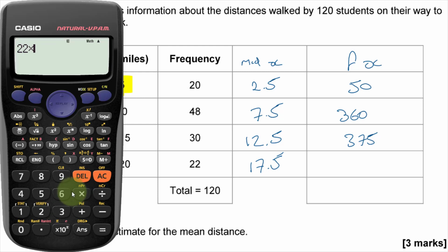And 22 times 17.5 gives me 385. Okay, and then just need to add all those up to get a total. So 385 plus 375 plus 360 plus 50. That gives me a total of 1,170.